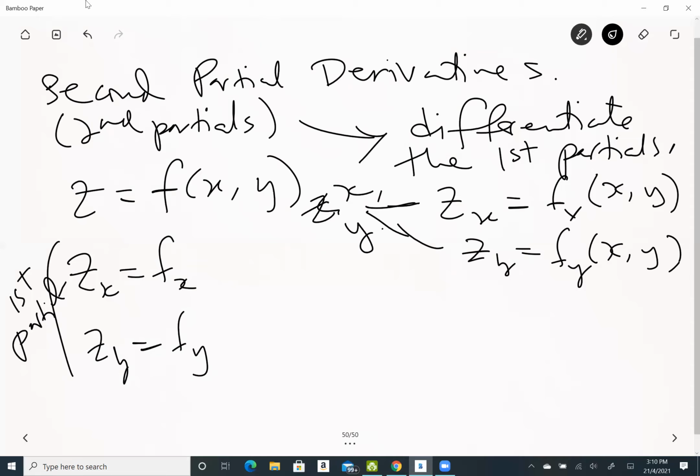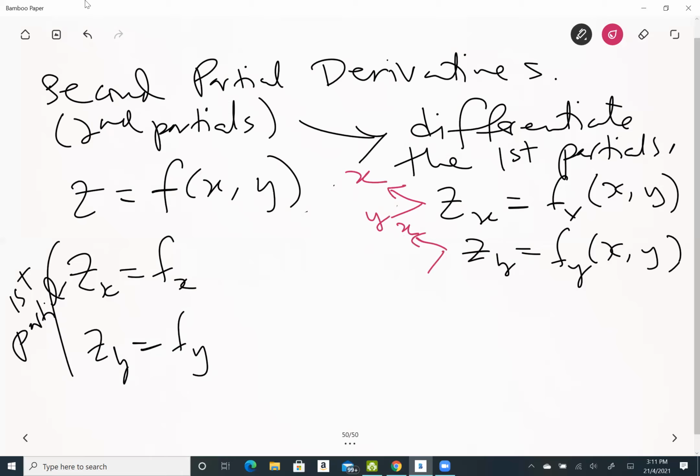So I think I make myself more clear. Each of these, that means zx or fx, I can take the derivative with respect to x. I can also take the derivative with respect to y. Similarly, fy or zy, I take the derivative with respect to x.